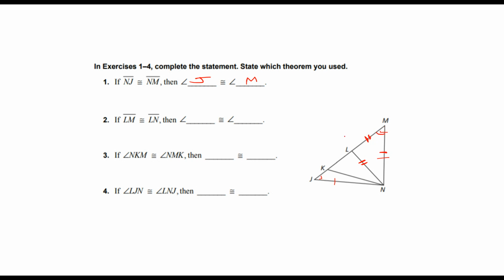We would know that angle M is congruent with, and here I'd need to use three-letter naming, at that corner LNM. Okay, next, if angle NKM, that's this angle here, I'll mark it with 3, is congruent with NMK. These markings are getting a little bit challenging. Well, then I would know that KN is congruent with MN.